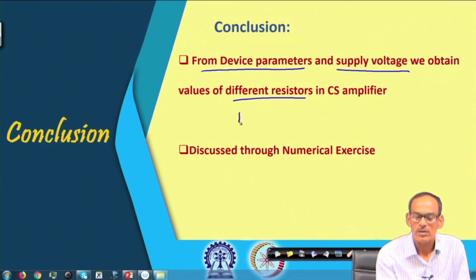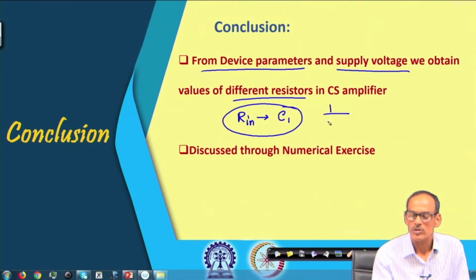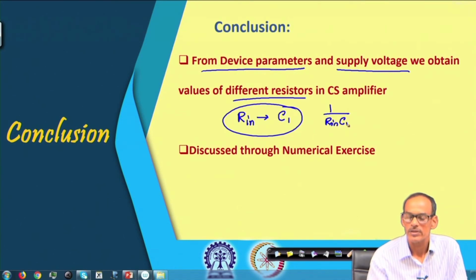Once we find the resistances, particularly input resistance, from that you can find the corresponding C1, because if I combine these two, namely 1 by Rin into C1, the first coupling capacitor, that gives us the lower cutoff frequency.